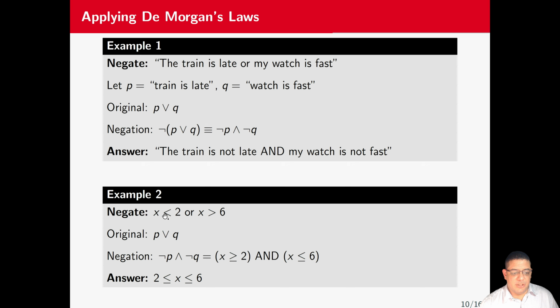Notice that the negation flips this symbol, because this is less than 2, so if I negate that, it's going to be bigger than or equal to 2. And so this combination will give me the interval between 2 and 6.